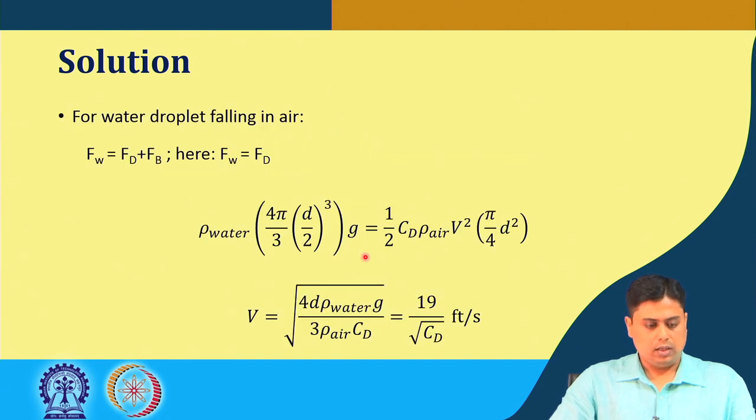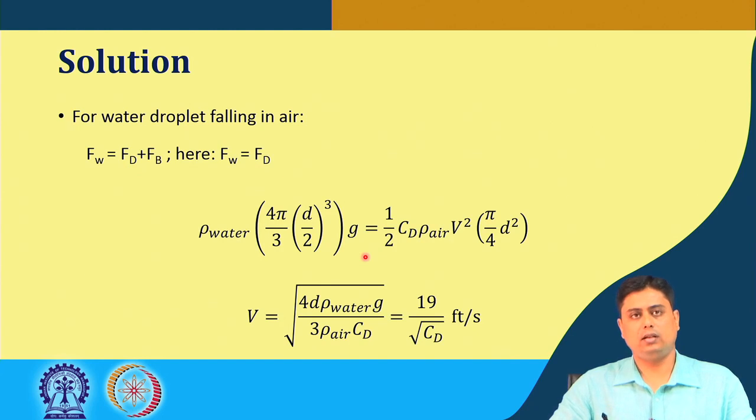So in the second case, when a water droplet falls through air, a similar balance applies, but here the weight of the water droplet is balanced by the drag force and the buoyancy force. Remember, the direction of the drag force is opposite to the relative velocity.